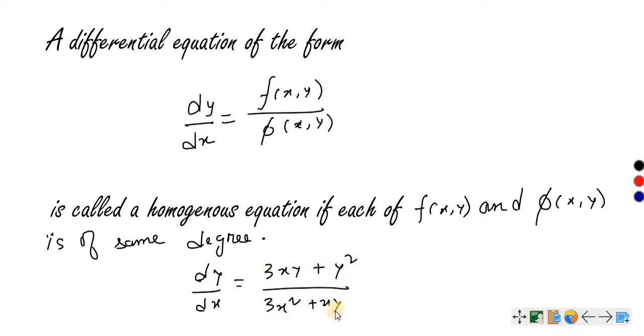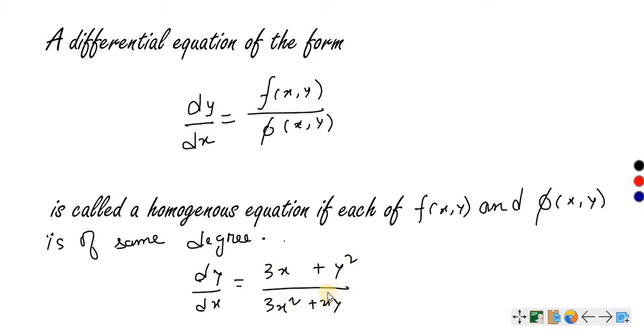Suppose there was no y here, and I just omit this y. Now check the degree of this part and this part, is it the same? Here the degree of this variable is 1. Here the degree is 2.